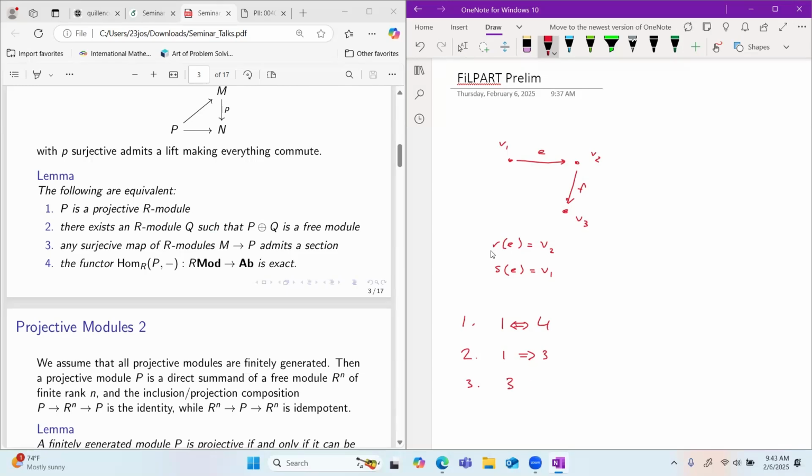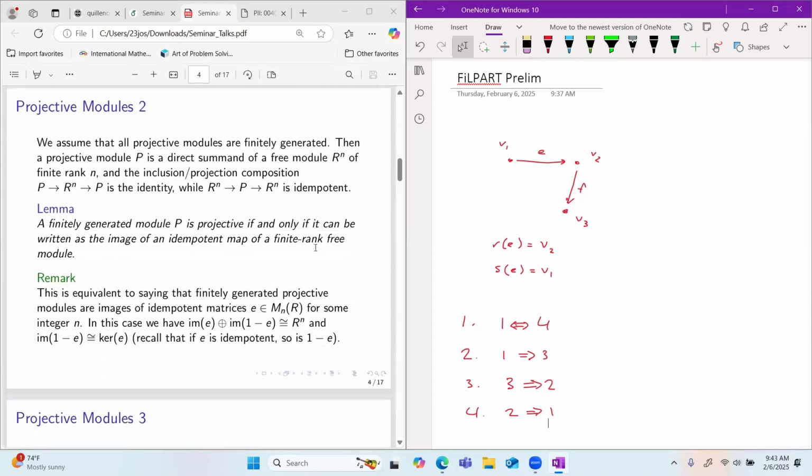Third, try and show that 3 implies 2. And fourth, you should be able to do that 2 implies 1. So if you're not familiar with projective modules, I recommend you try this exercise for a little bit. And if you can't do it, don't worry, just Google it. It'll be a good learning exercise for you.